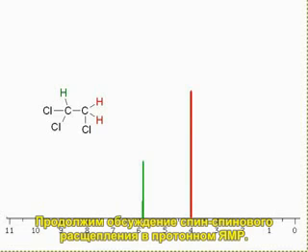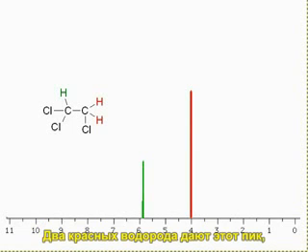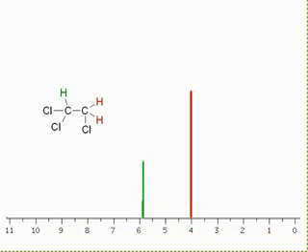Continuing with coupling in proton NMR, here is the low resolution spectrum for this molecule, so before coupling. The two red hydrogens give this peak, and the green hydrogen gives this other peak.